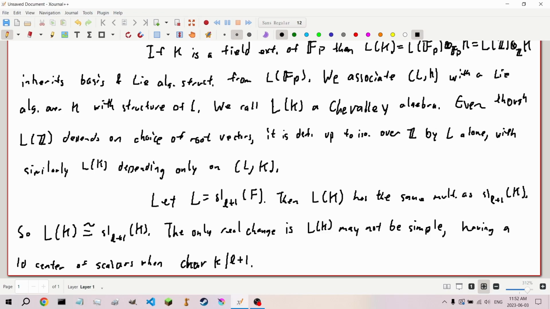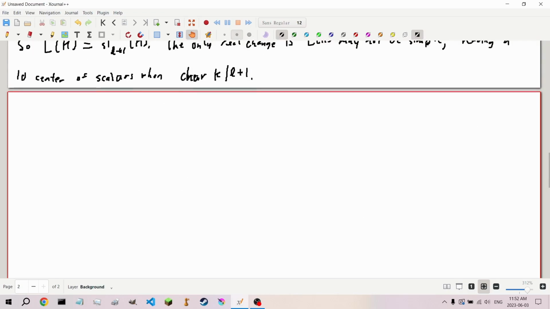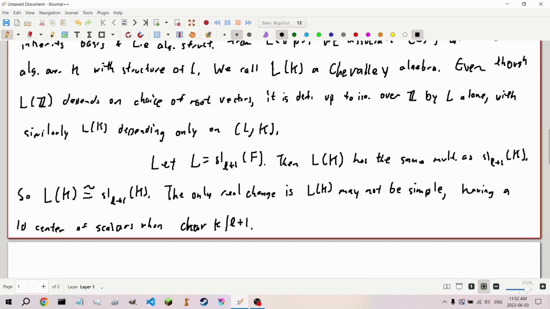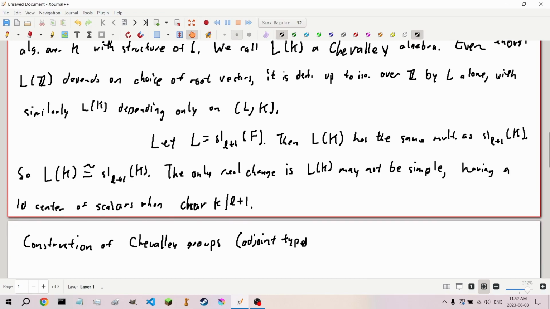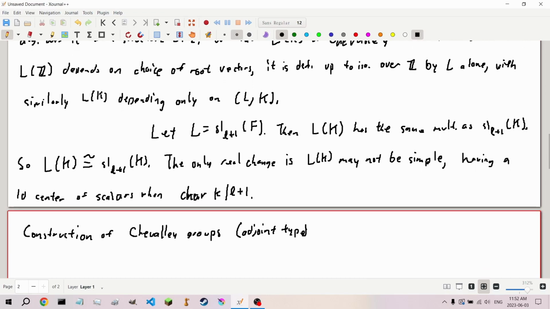Up next, we have construction of Chevalley groups. And it's specified here adjoint type. And we start things off here with a proposition.